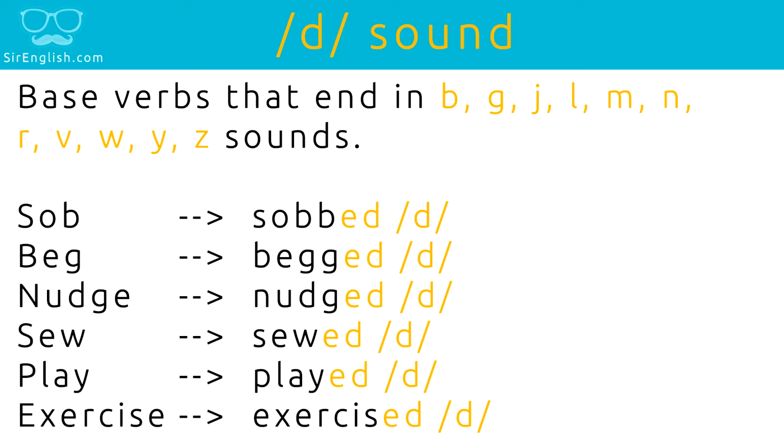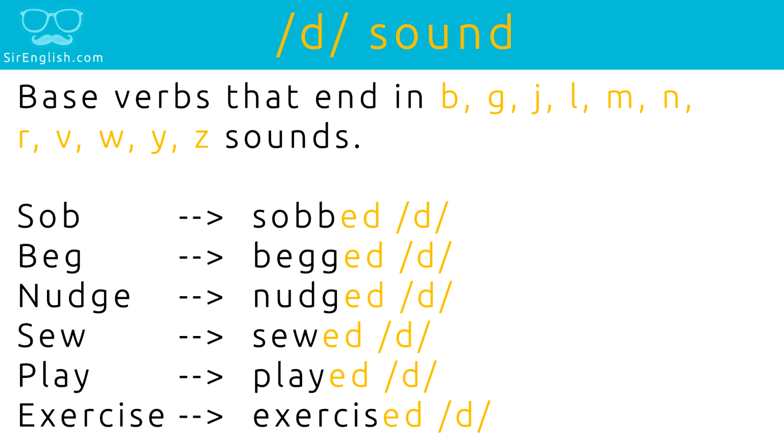The next sound we're going to look at is the d sound. So when you have base verbs that end in one of these sounds, you add the d sound. For verbs that end in b, g, j, l, m, n, r, v, w, y, and z sounds, add the d ending.